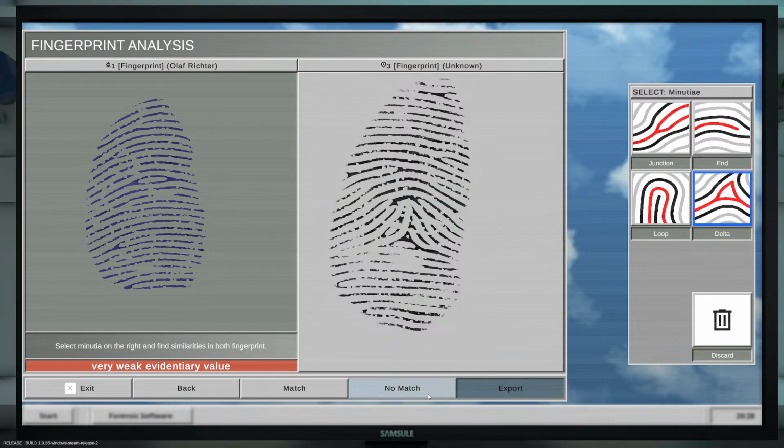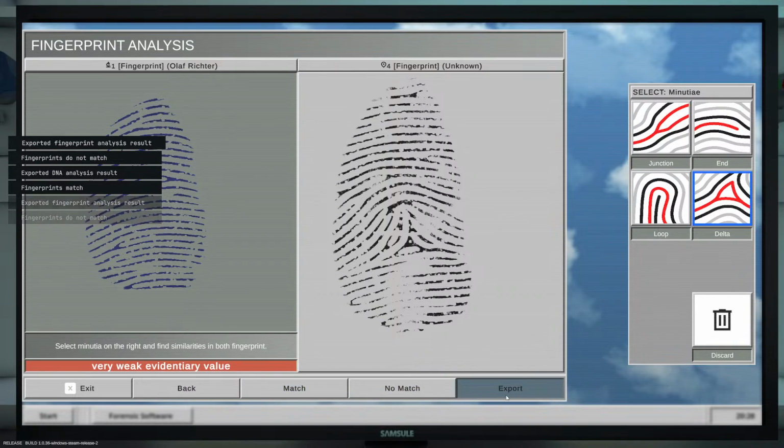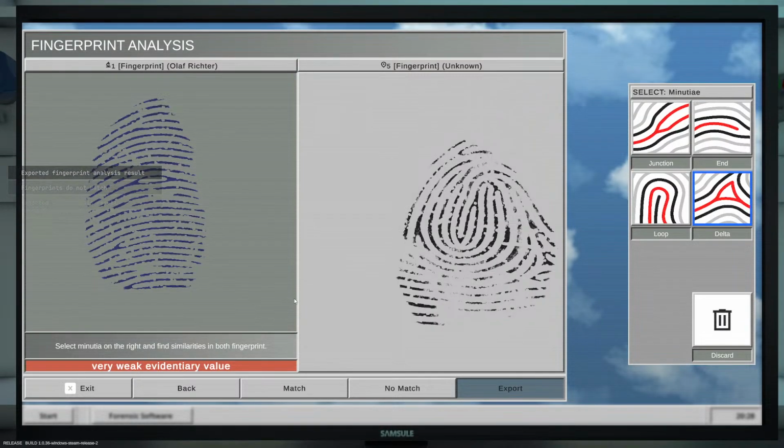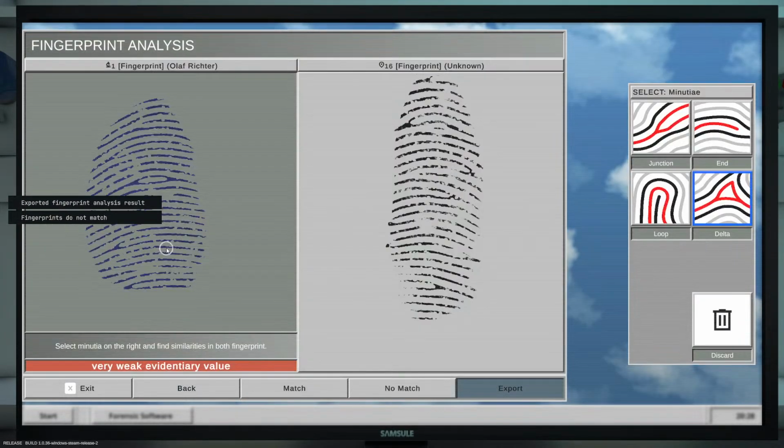Okay, that's not him. Not him. Oh crap, no match. It's also not him. Okay, here he is. Maybe? Is this him? No, that's not him.